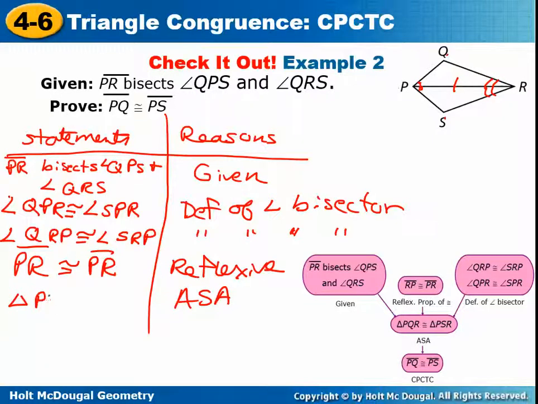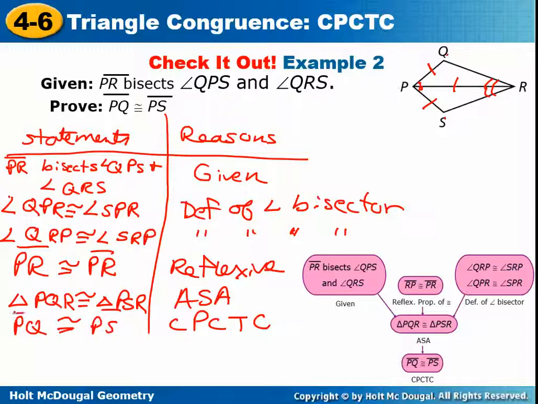Let's see, PQR is congruent to triangle PSR by angle, side, angle. And now we can use corresponding parts of congruent triangles are congruent to say that our side PQ, right here, is congruent to side PS.